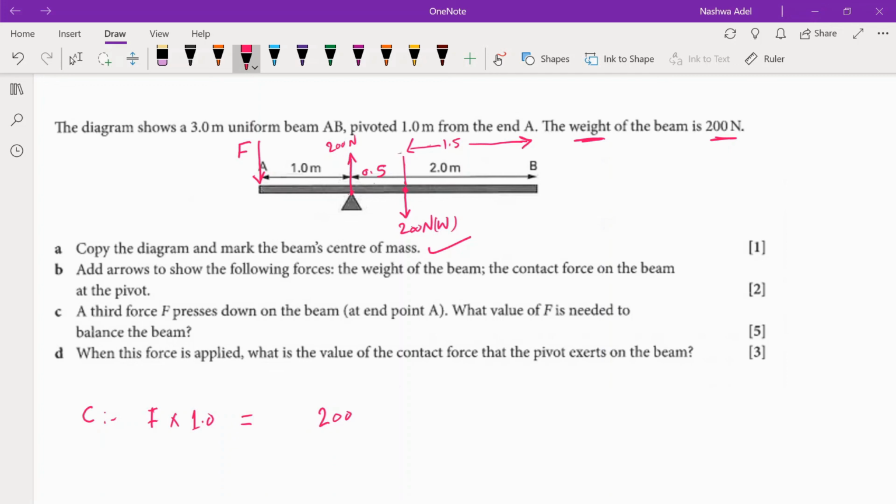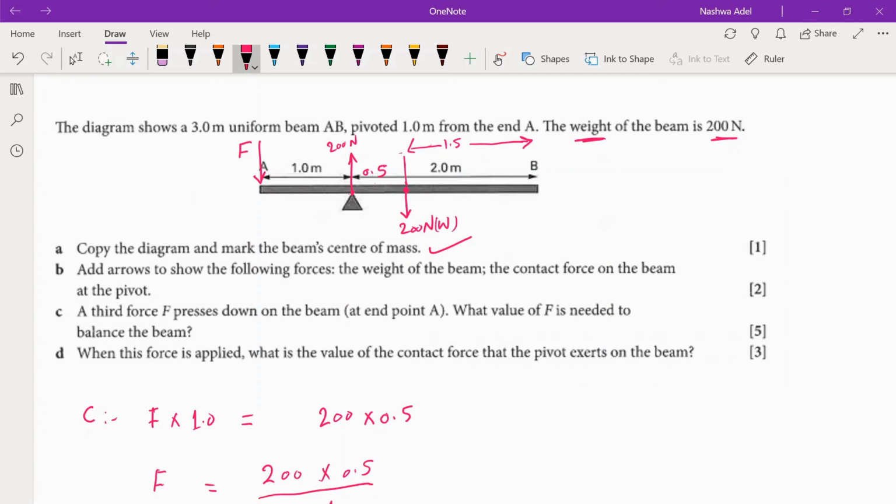So the force equals 200 Newton times 0.5 divided by 1, equal to 100 Newton.